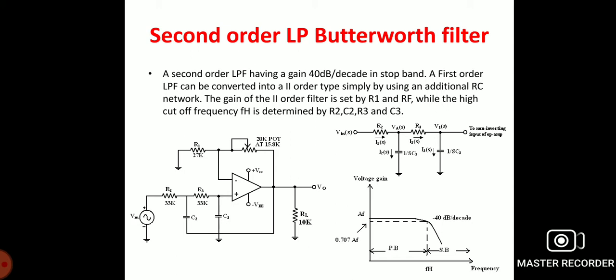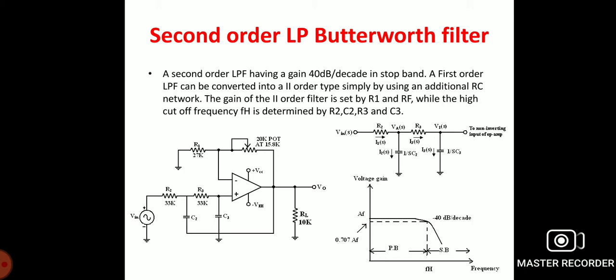The gain of the second order filter is set by resistance R1 and the feedback resistance, while the high cutoff frequency is determined by R2, C2, R3 and C3.